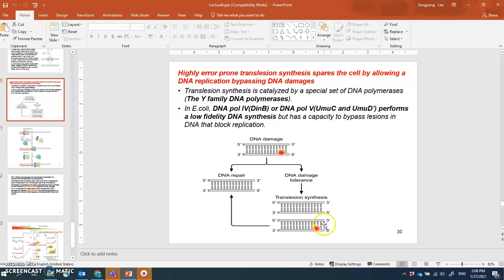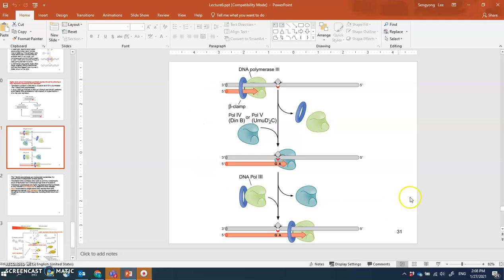Okay, so what's the benefit of making a bunch of mistakes, which is a bunch of more mutations in the daughter strand? This is what is happening here. That's a normal DNA polymerase 3, which is a high fidelity polymerase. It has exonuclease activity. It cares how it replicates.